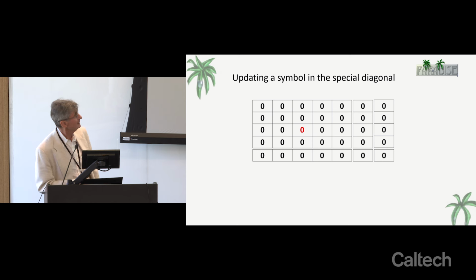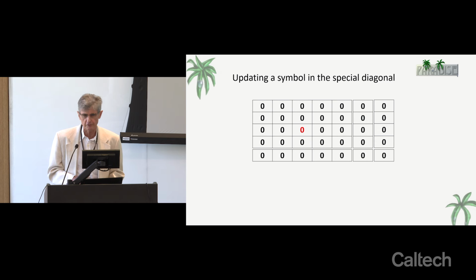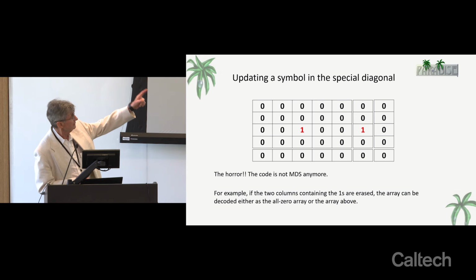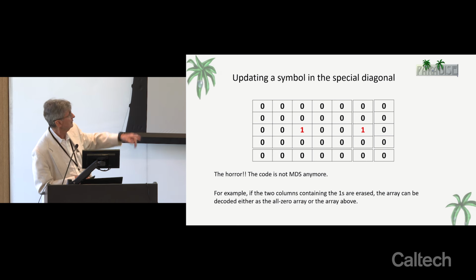And he says, look at the special diagonal. And at that moment, I immediately understood what was wrong. I don't want to hear it, but this is what went wrong. It is what it is. I update the special diagonal, so the only symbol I can update is in the horizontal parity.